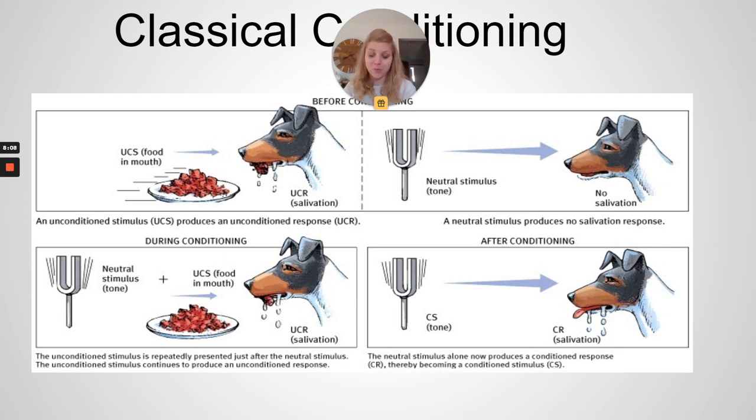When the dogs are presented with food, they're going to have what becomes known as an unconditioned response, or an unlearned behavior. In this example, it was salivating. The dogs didn't need to learn that they have to salivate when they're presented with food. An unconditioned stimulus is something that is reactive.